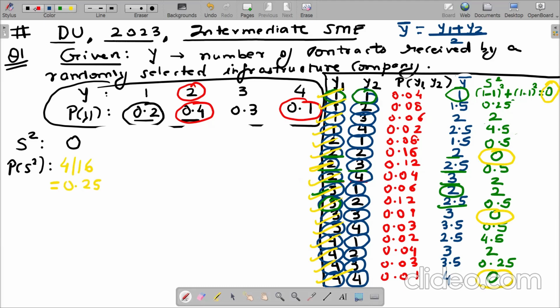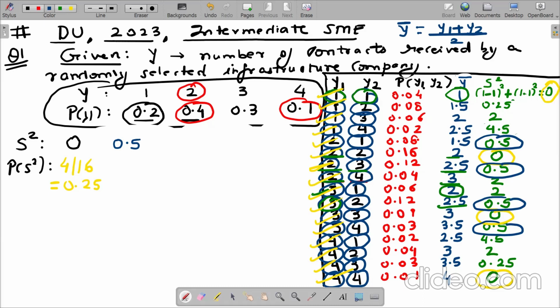Then the next value taken by S square is 0.5, as all students get. It's taking the value 0.5 how many times? 1, 2, 3, 4. It's taking the value 0.5 4 times.